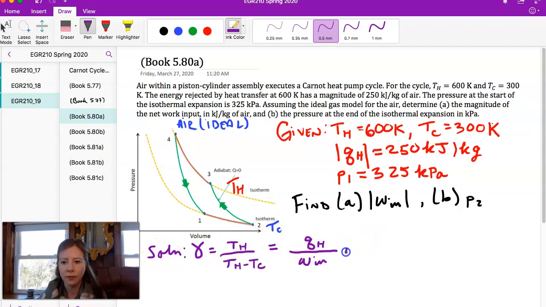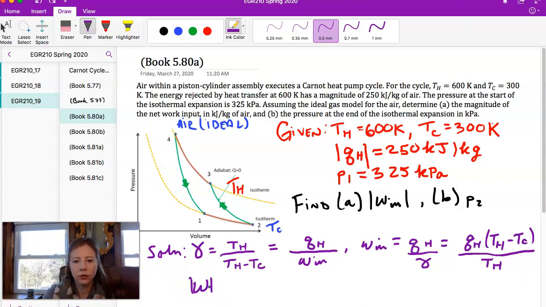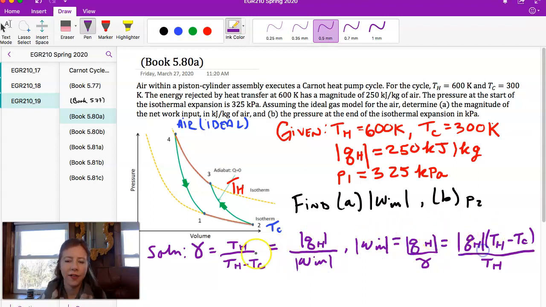So W in is going to equal QH over gamma, which is equal to QH times TH minus TC over TH. Okay, so the magnitude of W in, so remember we're given the magnitude here, looking for the magnitude, mag, just to be consistent.